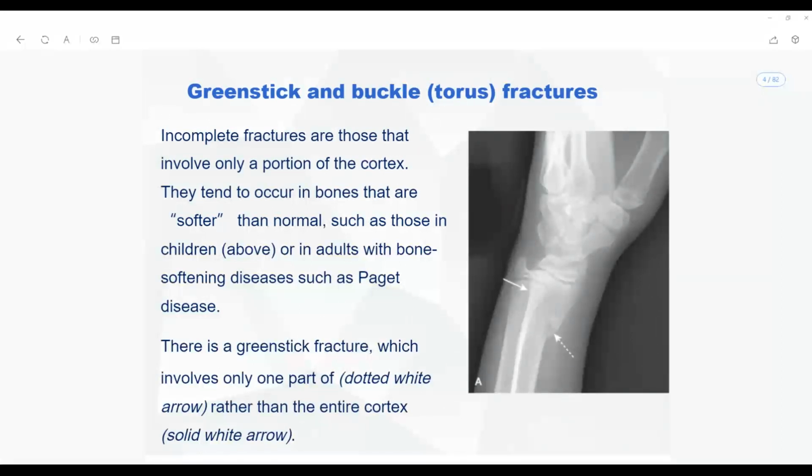Understand? How many of you did not understand this point? Discontinuity or disruption of the periosteum is called a fracture. Is this point clear, guys?